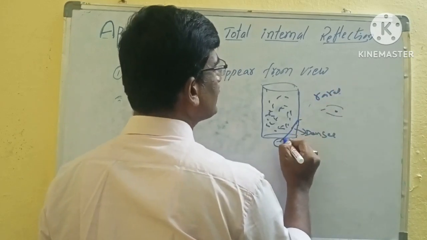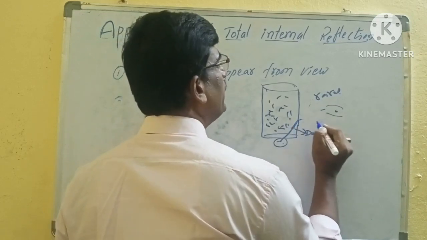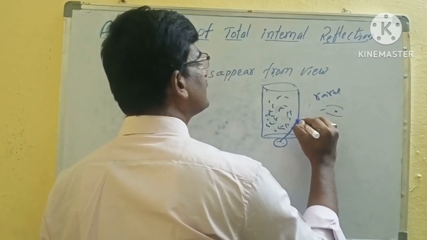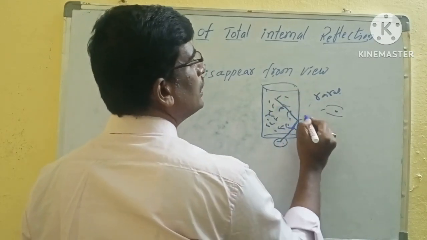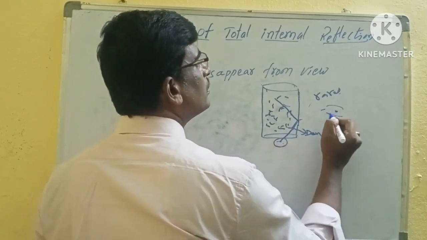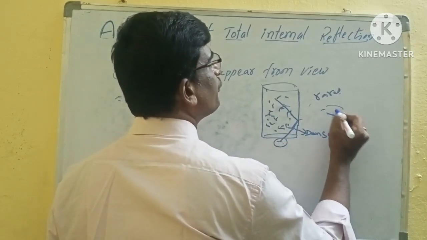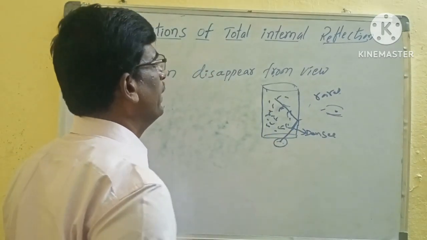So light is traveling from the denser medium to the rarer medium, so it does not get refracted and gets reflected this way. That's why you can't see the coin from the sideways.